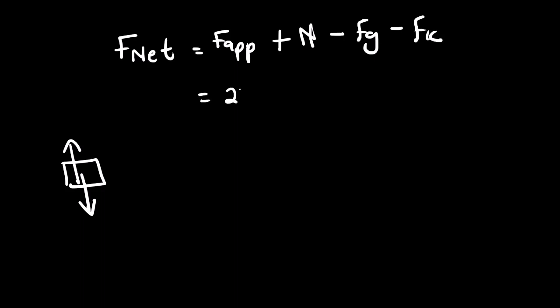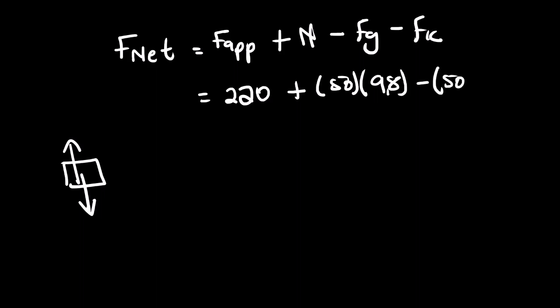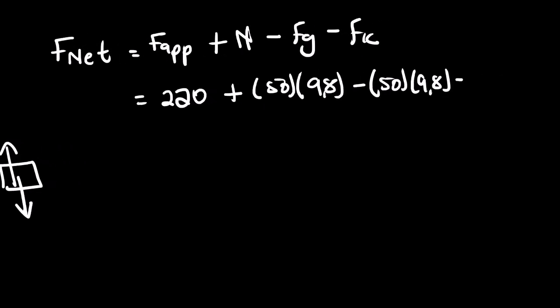So our force applied is 220 plus normal force, we have the mass, which is 50 multiplied by 9.8, minus 50 times 9.8, minus 40.